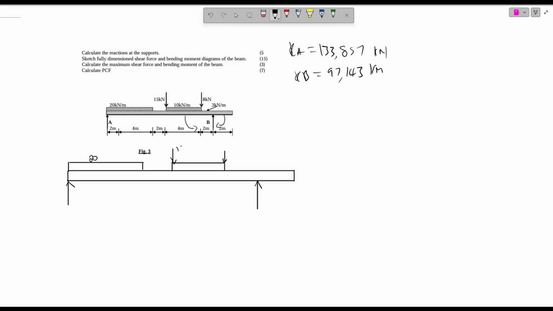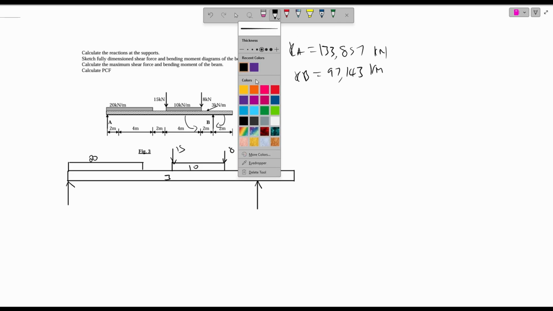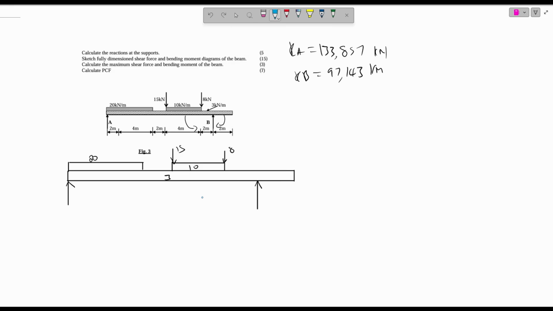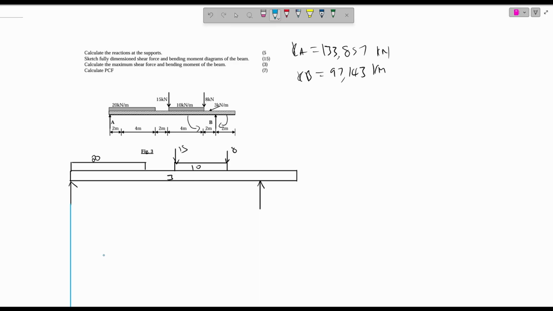With 20, 15, 8, 3, and 10. Let's use this one for the lines. We're going to extend this one from here, and then from here.